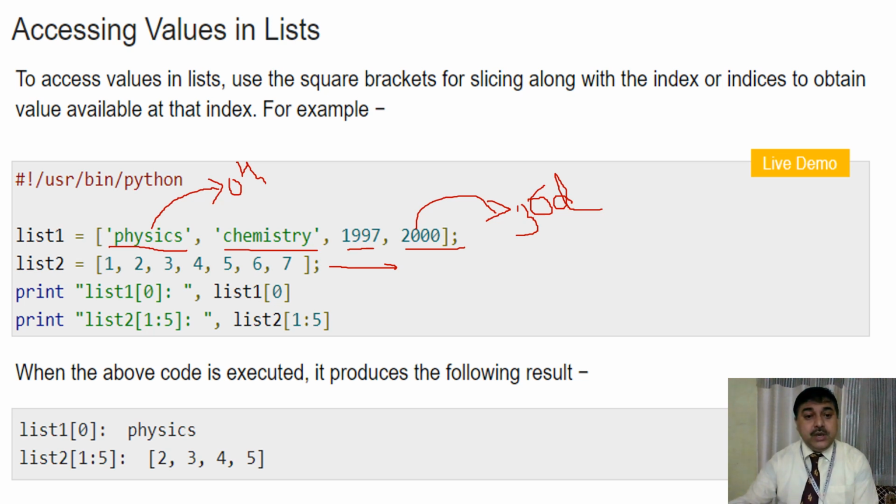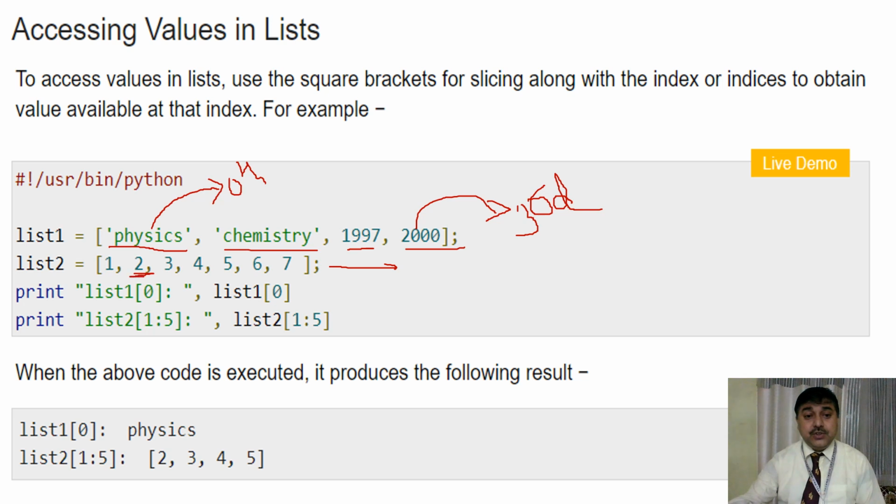Here you see list 2, 1 colon 5. List 2 from 1 colon 5 means not from 1 to 5, but from the 1st position up to the 5th position. Which one is the 1st position?